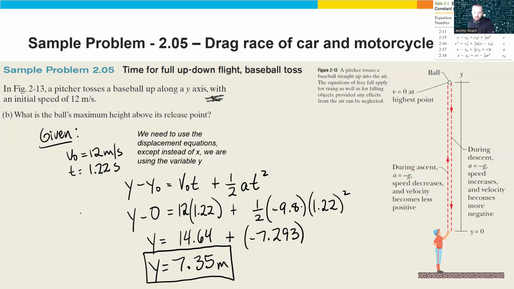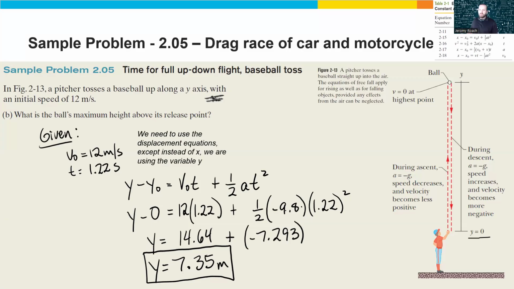So our initial displacement is 0. y equals 0 at the very beginning. And the initial velocity is 12. We know our total time is 1.22 seconds. And for a, we're going to plug in negative g.